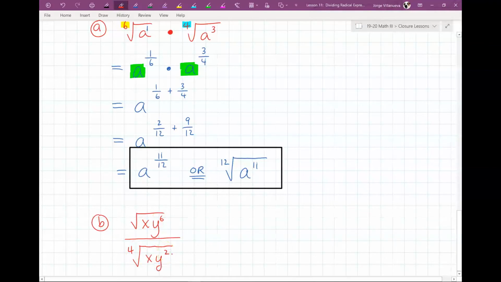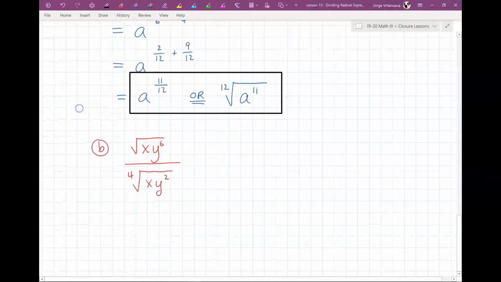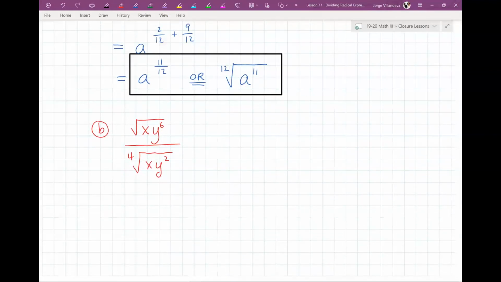y squared. Okay, now for this one, you're going to have to remember a couple of different things. We are going to have to remember this property. Okay, the one that we had written earlier.